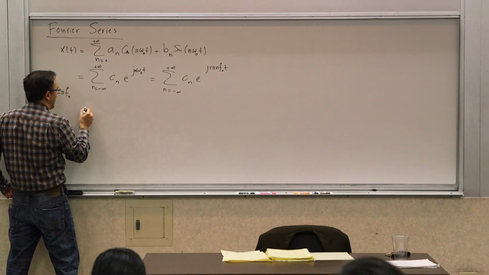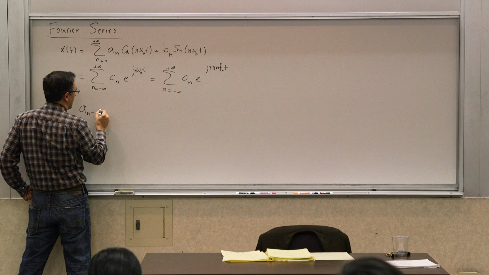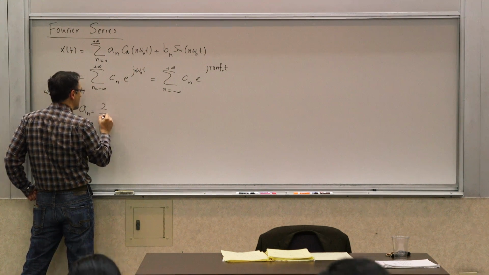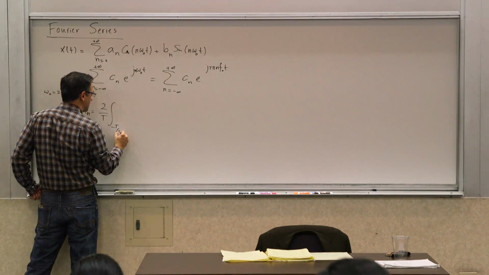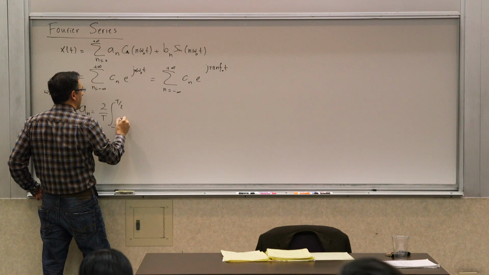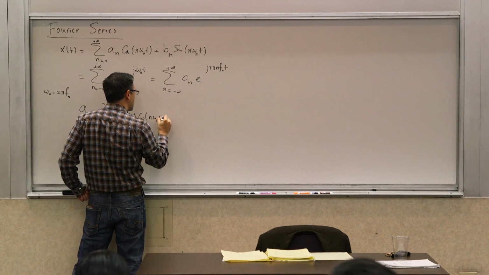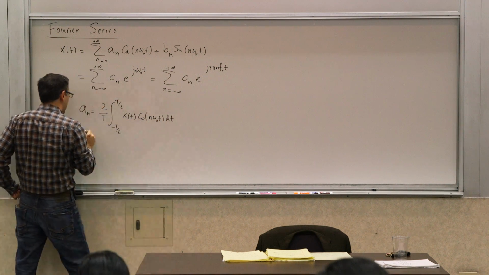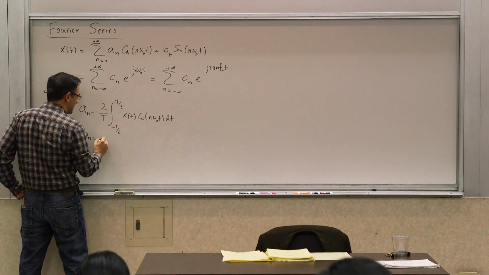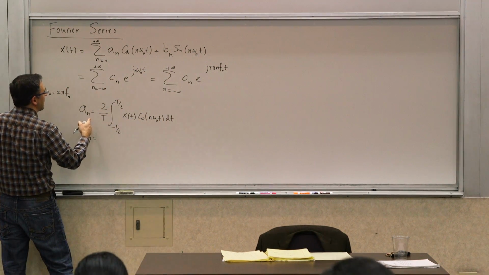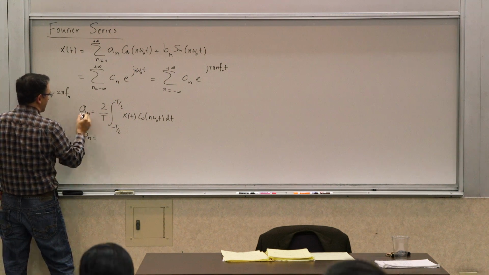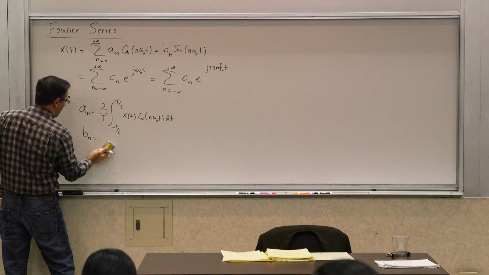And then we also saw how you could calculate these coefficients, right? So the a_n and b_n: a_n was 2 over T, integral from negative T over 2 to T over 2 of x of t cosine of n omega naught t dt. And this is all true for all n's other than 0.